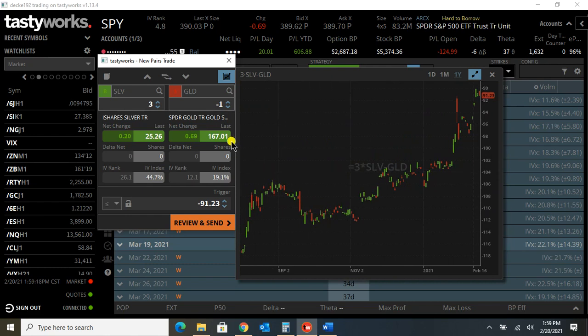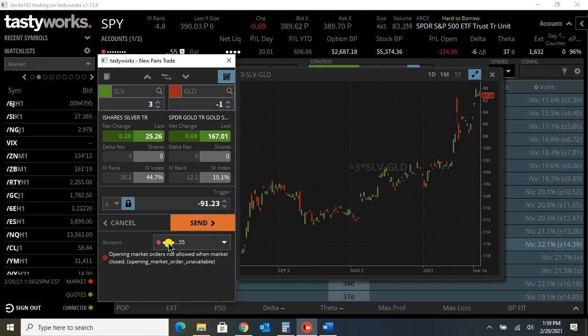As far as how much buying power this trade would use, if I set this up with market close, it won't show me the buying power here. But on the gold side, it'll cost me $167 in cash, or about $90 in margin, and it'll cost me about $75 for silver.